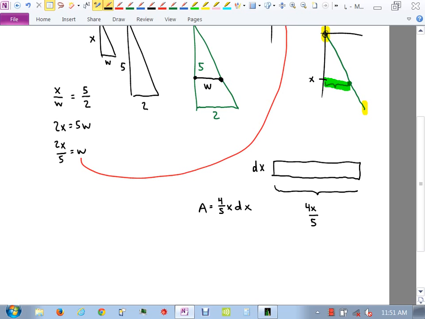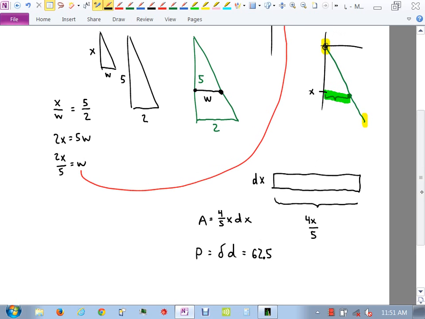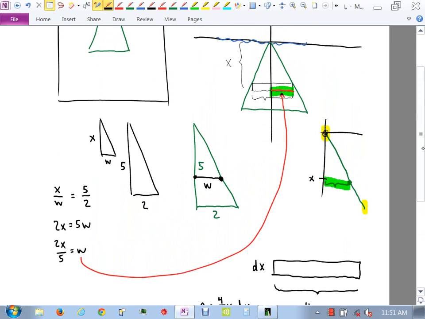What do I need after I get the area? Pressure. The pressure is delta D, which is 62.5 times D. Now, what's D for us here? Going back up to our picture, it's the depth from the surface to our rectangle, but that's what we called x.